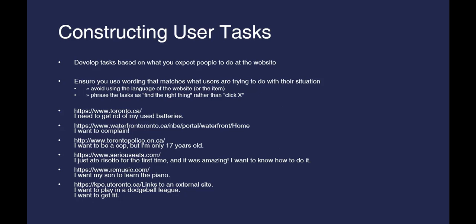So here are some other examples. On the toronto.ca website, I need to get rid of my used batteries. So where would you then go on that website to do that? For Waterfront Toronto, I want to send in a complaint. Well, how would I then traverse that particular hierarchy to do that? And so on and so forth for the other websites that you see here.